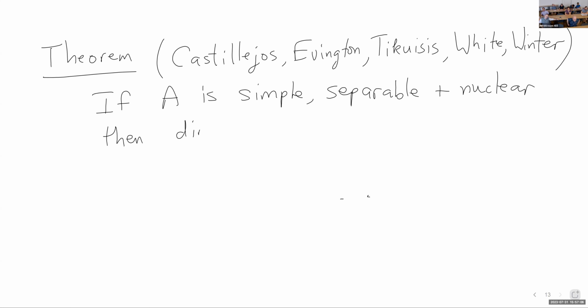So the dimension of A is less than infinity if and only if A is isomorphic to A tensor Z. This is a very, very deep result, but the upshot is that in the description of the classifiable category, I could have replaced finite nuclear dimension with nuclear plus Z-stable.